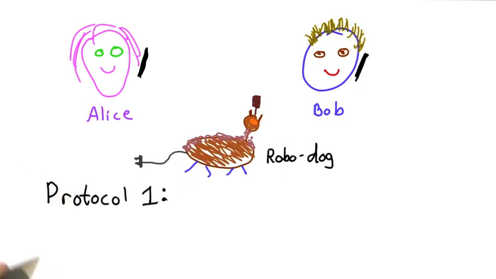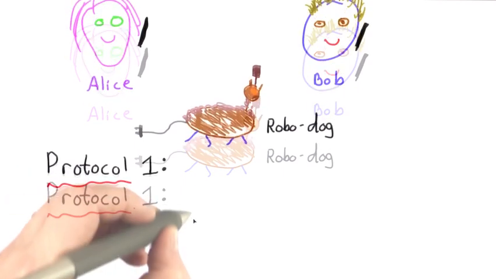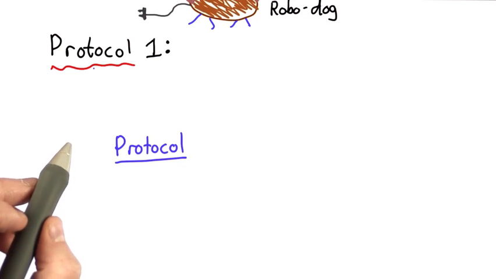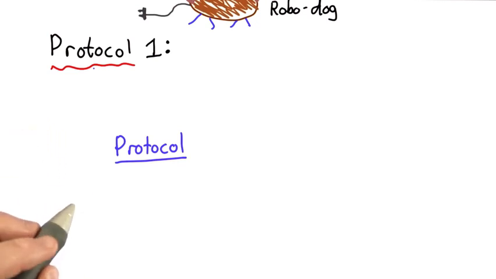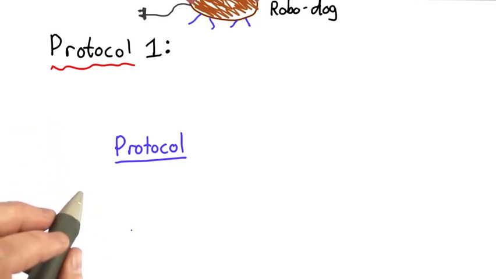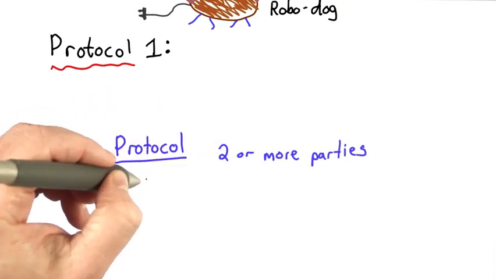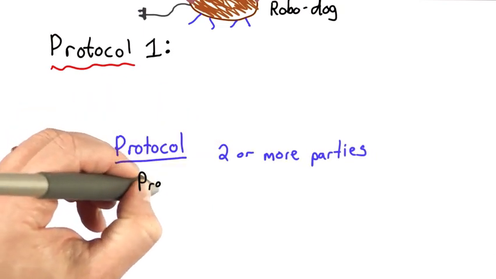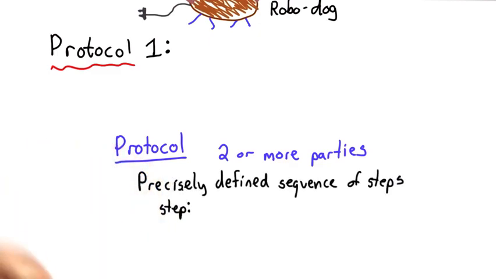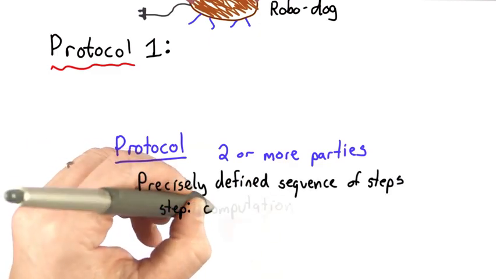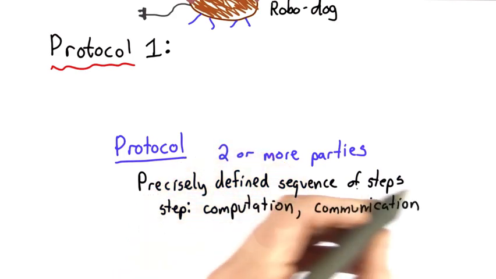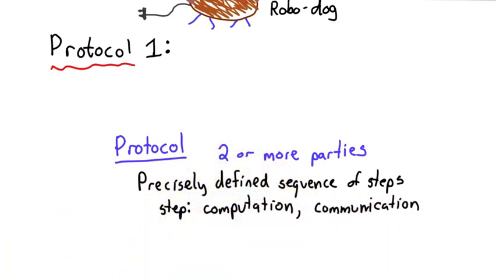So before describing the protocol, I want to define more carefully what I mean by a protocol. We've actually seen a few already, but I haven't defined what a protocol means. A protocol involves two or more parties. It's a precisely defined sequence of steps, and each step can involve some computation, as well as communication. Communication can involve sending data between the parties in the protocol.